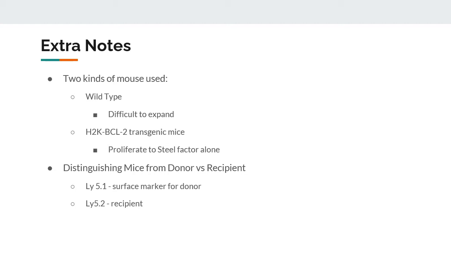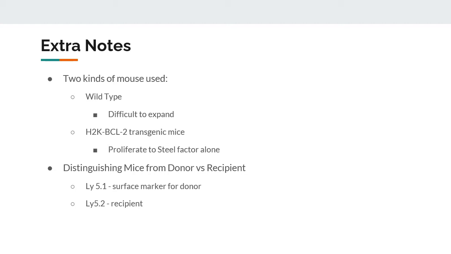Isolated HSCs from wild-type mice have a difficult time expanding and would require a lot of growth factors in order to keep them alive. So in order to accommodate for that and make sure that no other factors affected the experiment, the researchers used the transgenic BCL2 mice because they only proliferate to steel factor alone, which is a growth factor.